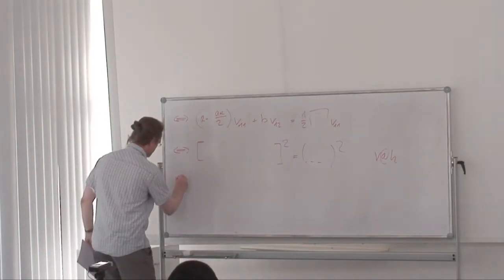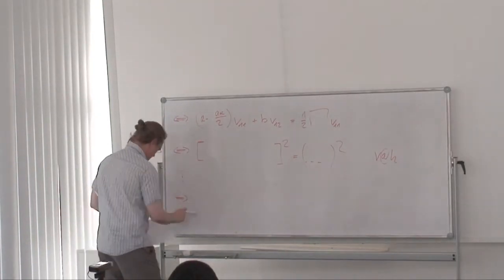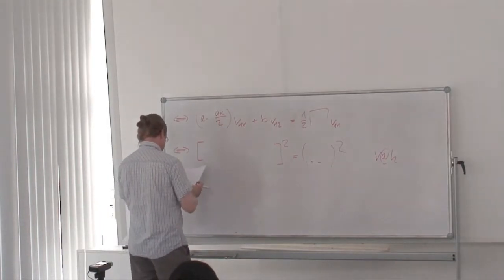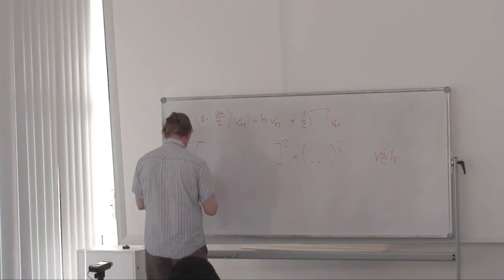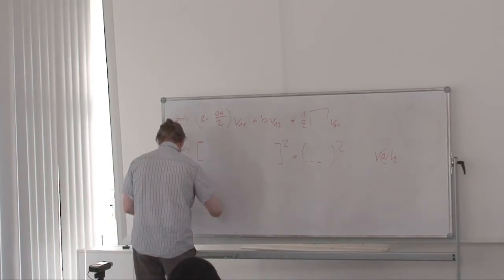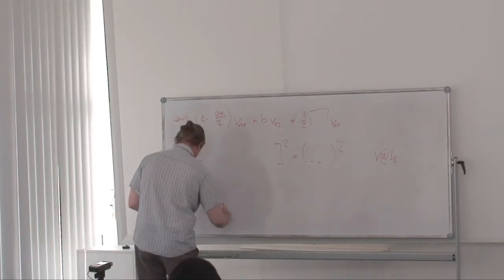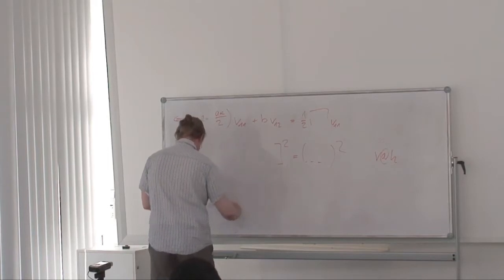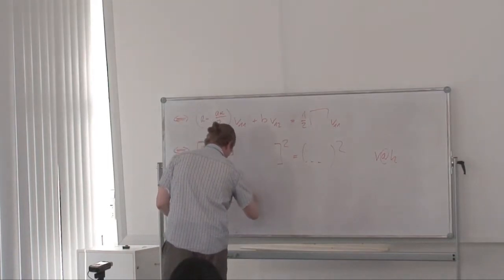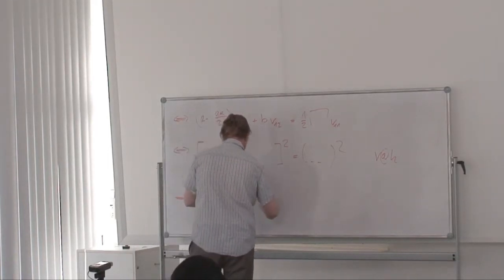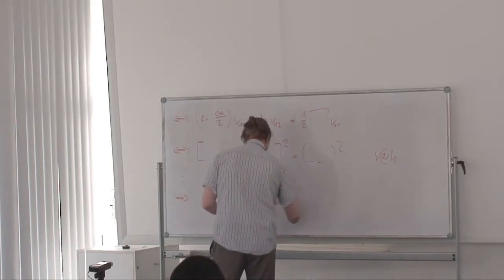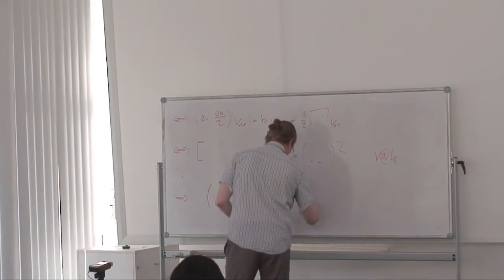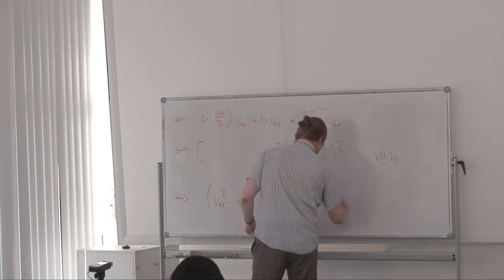In the end, this continues like this, and we find something like the following. Let me skip a couple of steps. V12 square minus V11 square plus A minus C times V11 V12, and all of this is supposed to be 0.